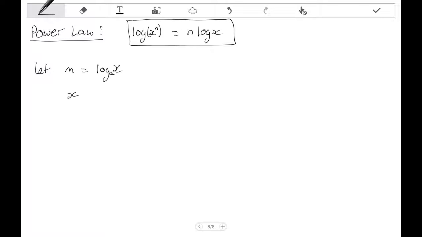Okay? Now from that, we can say that x, base a, x is equal to a to the power of m. Okay? Now what we're going to do is raise x to the power of n. And we'll get a to the power of m, all to the power of n.